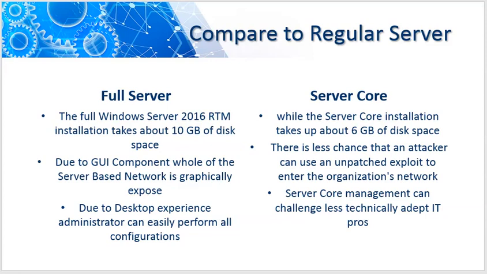Due to the GUI component, the server's network is graphically exposed, but in server core, everything is behind the black screen, the command line screen, or behind PowerShell. The main difference is that the person managing the server core machine must be technically sound, must have the skill to deal with the command line to perform tasks by using commands.